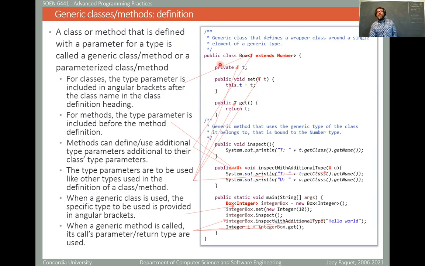So how do you define or declare a generic class or generic methods? You essentially declare a seemingly normal class, except that you have this angled brackets notation after the name of the class, in which inside of these angled brackets, you would put a parameter.